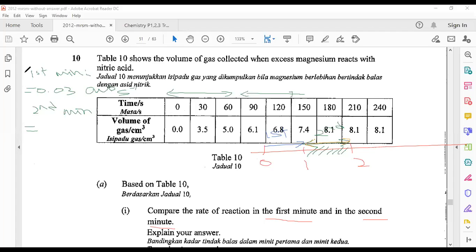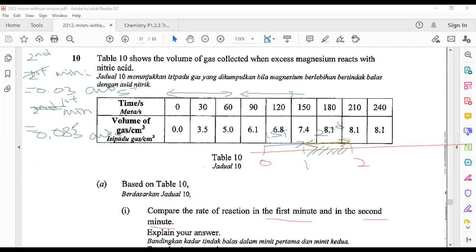So this is for the second minute, which is 0.03. Nice. Okay, thank you. Now, what about the first minute? We are taking the 5 over 60. 0.083 centimeter cube per second.